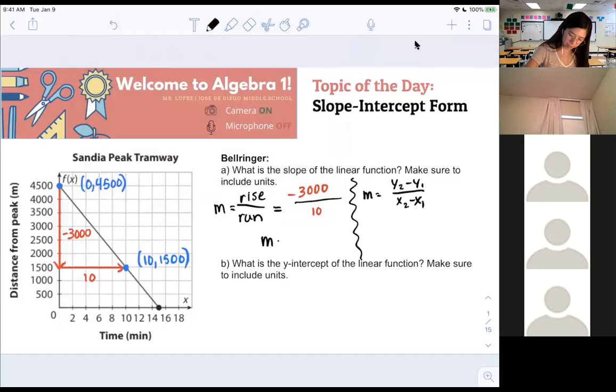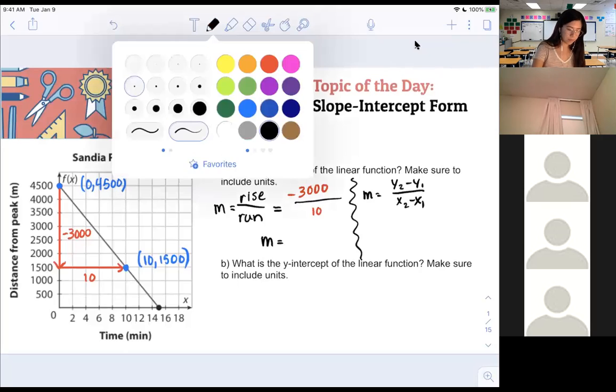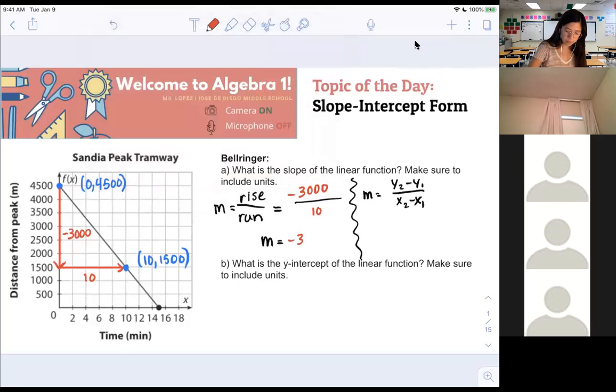Which means my final answer, when I divide, what's negative 3,000 divided by 10? Negative 300. What are my units?